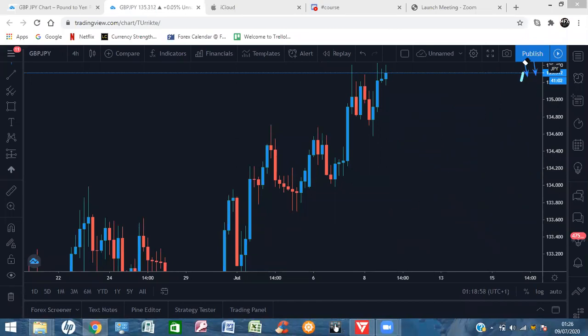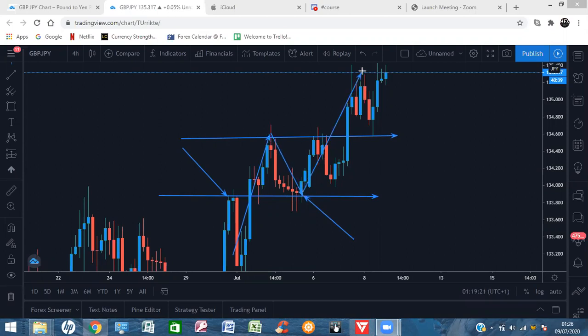If we break the same thing down based on GJ on the 4-hour, let's say this is our new high up here, a break, form the support, come up, we'll say that's the new resistance up over here, form the new support, and now we're continuing to push through that.